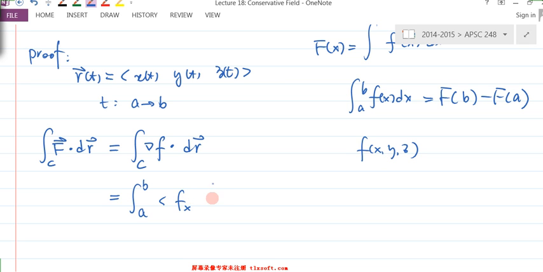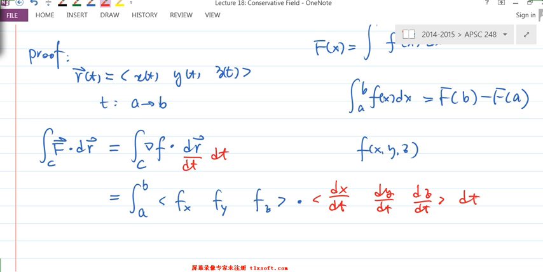It's partial f over x, partial f over y, and partial f over z, right? That's the gradient vector. And dr, as we said, is basically dr over dt times dt. So dr over dt, r is right here. You get dx over dt, dy over dt, and dz over dt, times dt.